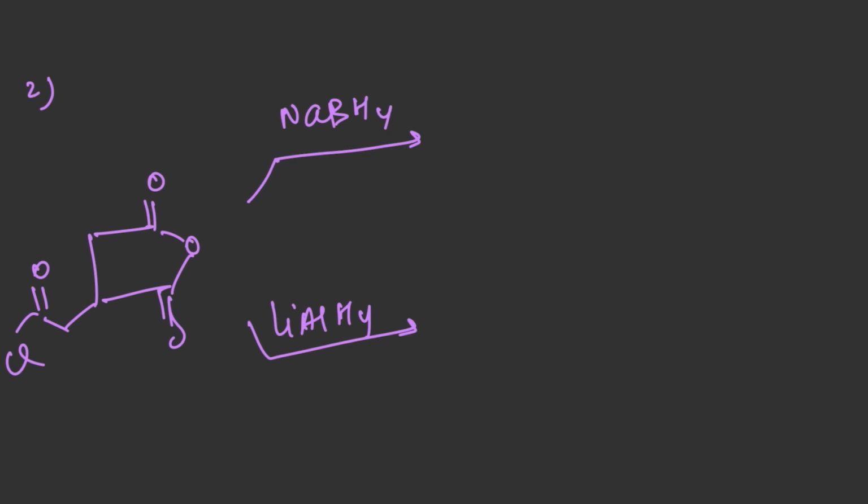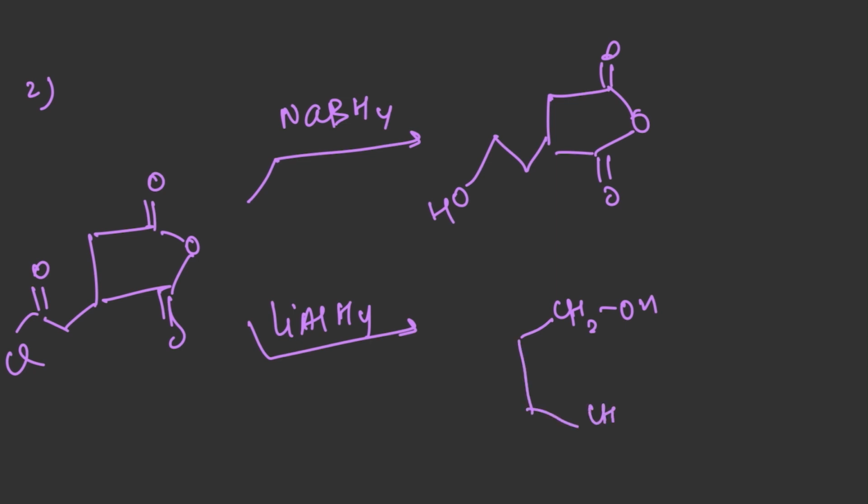With NaBH4 it will react with only the acyl chloride part and will form OH and won't touch any anhydride part. But with LiAlH4 it will form this compound.